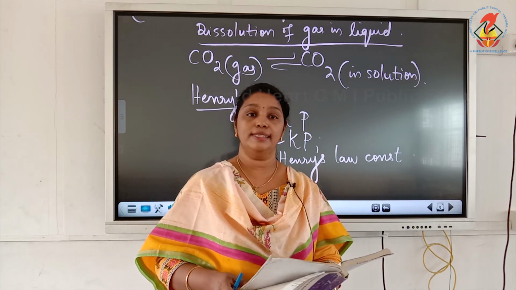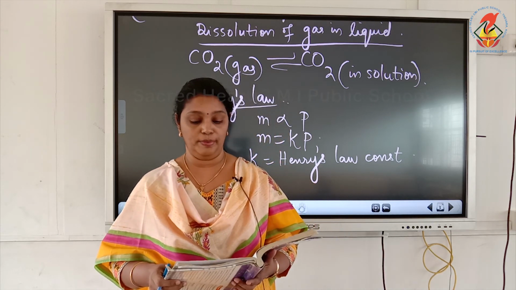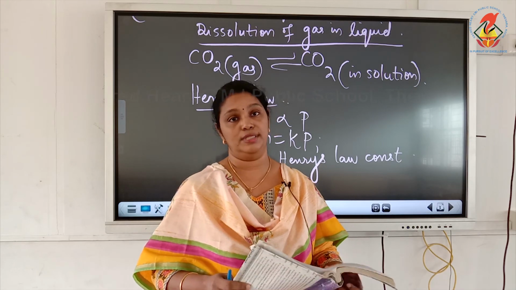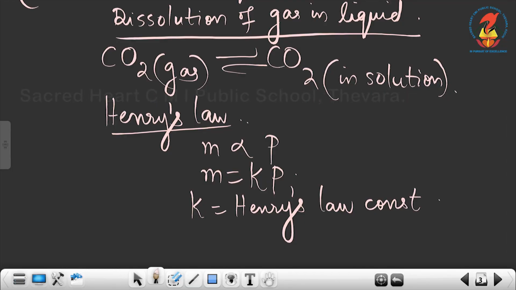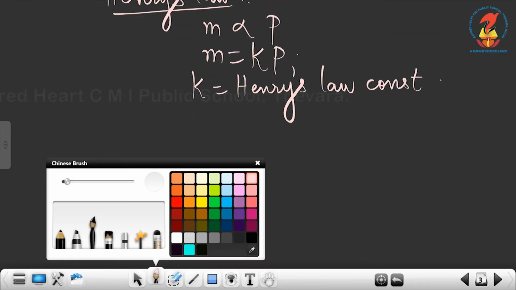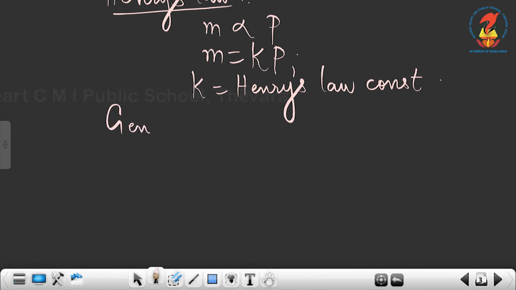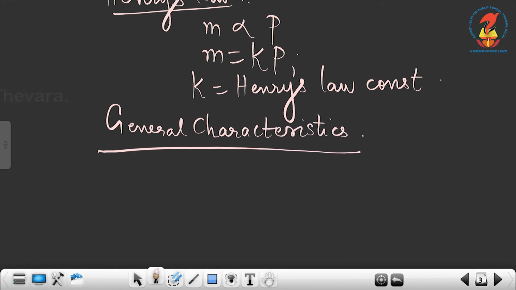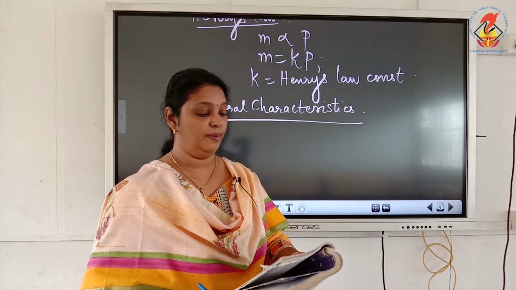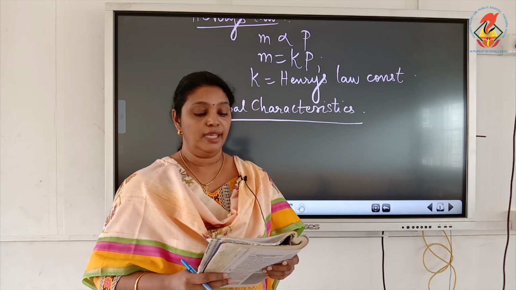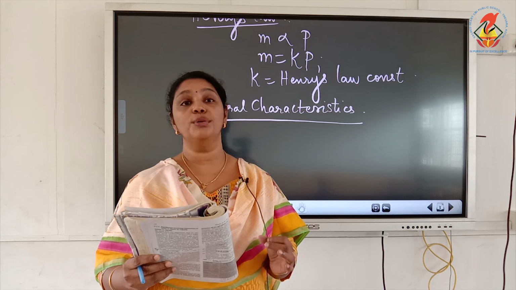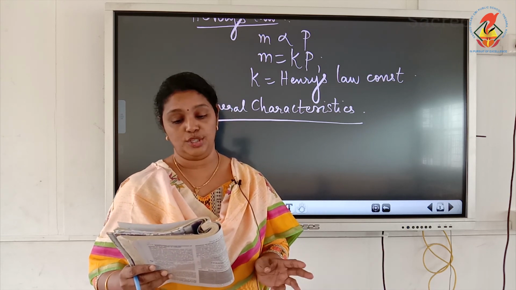Now let us discuss the general characteristics of equilibria involving physical processes. The first one: equilibrium is possible only in a closed system at a given temperature.